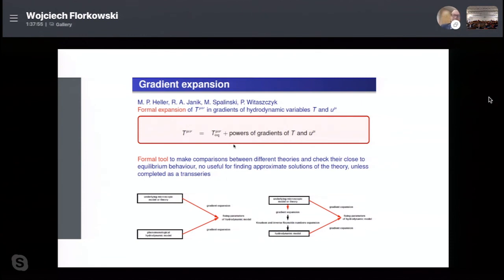Okay, but then suppose that we have Israel-Stewart hydrodynamics, which is defined without any reference to any microscopic theory. So we can also make a gradient expansion of Israel-Stewart theory. We make the gradient expansion for the underlying microscopic model or theory, we do the gradient expansion for phenomenological hydrodynamic models, and then we match the gradient expansions. And this is the way to really fix the kinetic coefficients in the hydrodynamic model, yeah?